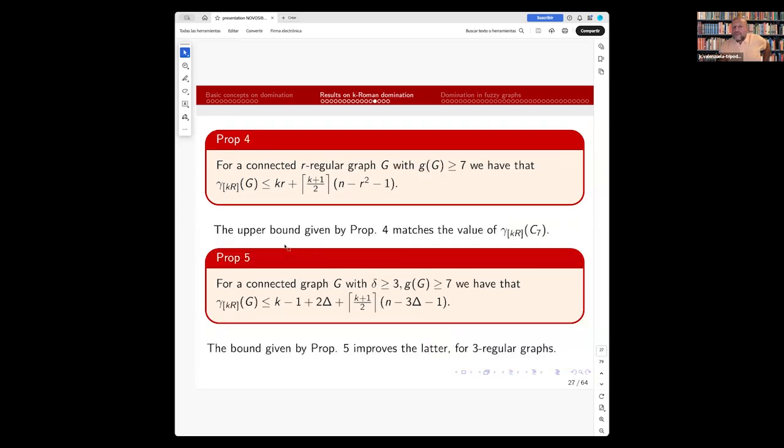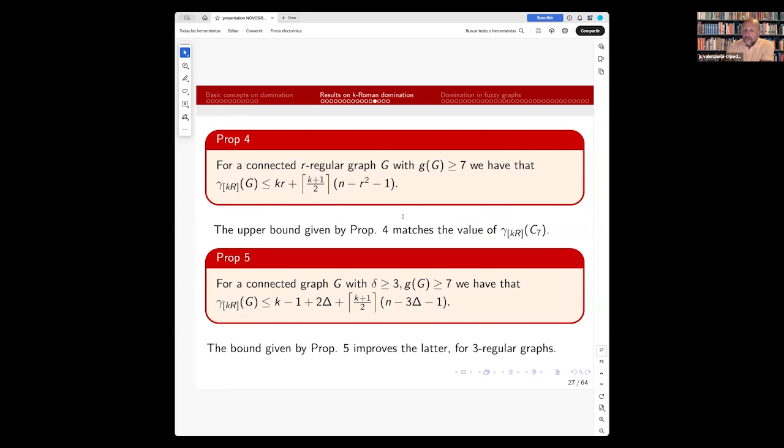Another result that we have shown that improves the previous bounds regards connected regular graphs with, in this case, girth at least 7. We have proved that in this case, it is possible to have an upper bound that improves the previous one, and this bound is also tight for the cycle C7.